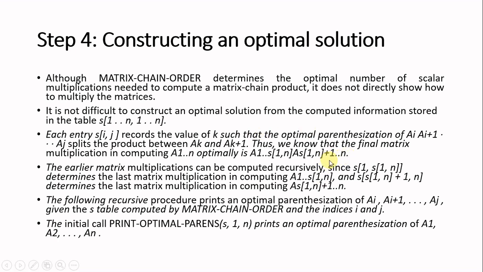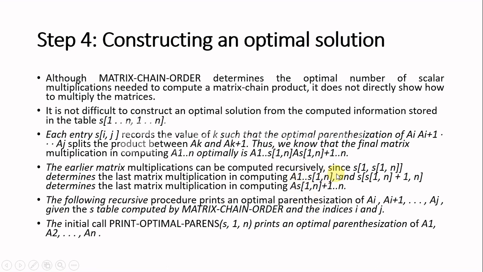The first sequence is A_1 to s[1, n]. This is the value stored in this entry, and plus 1 is the second sequence up to n. Then the earlier matrix multiplications can be computed recursively, since s[1, n] determines the last matrix multiplication computing A_1 to s[1, n].